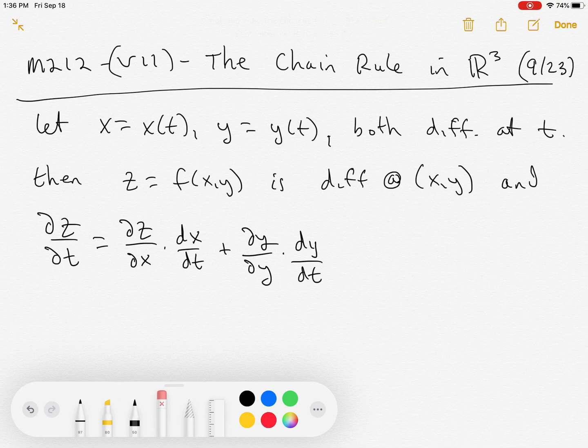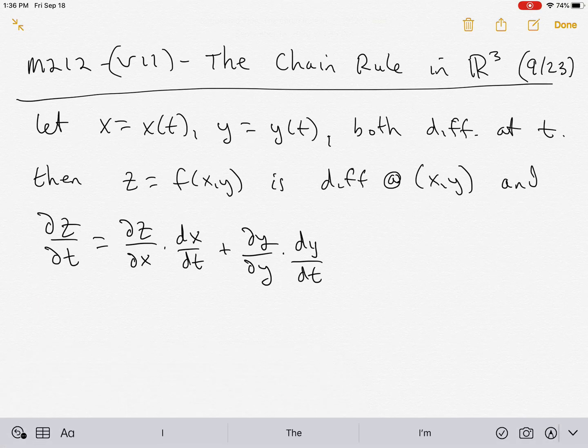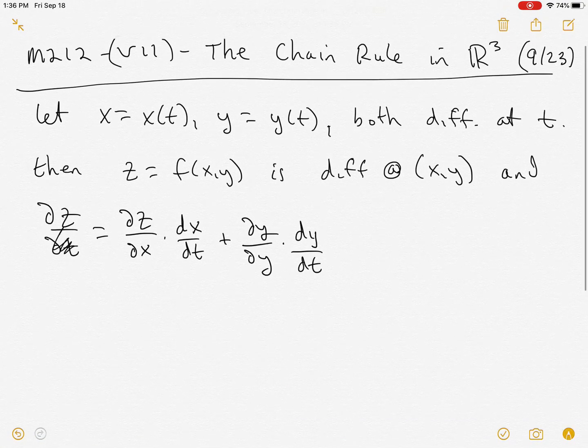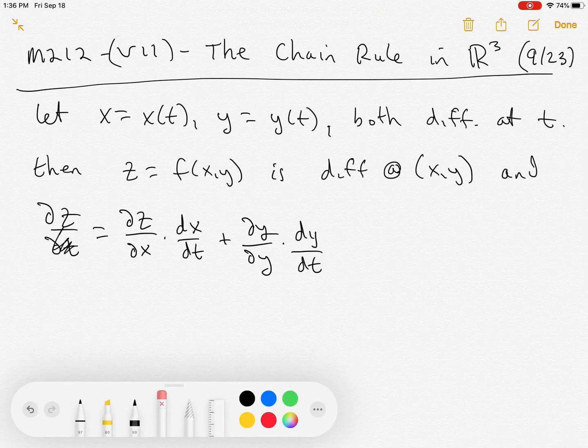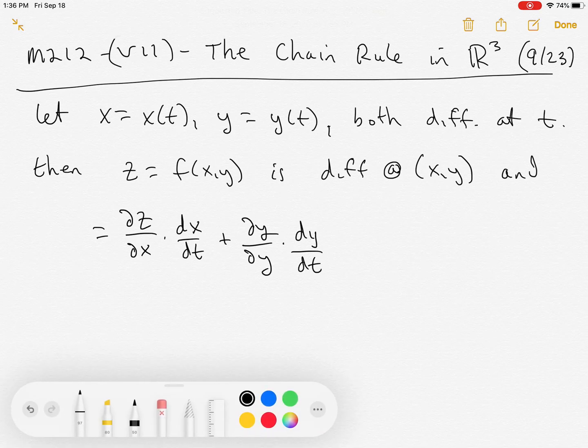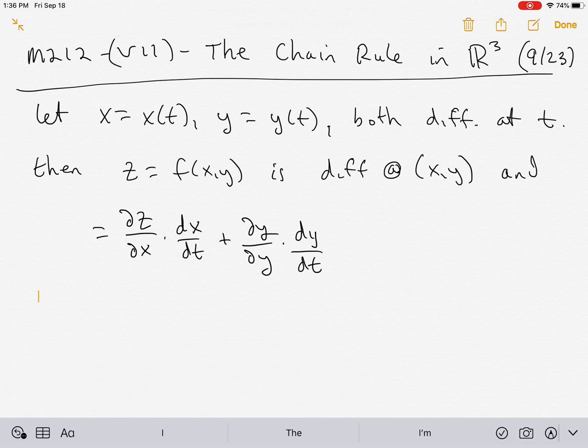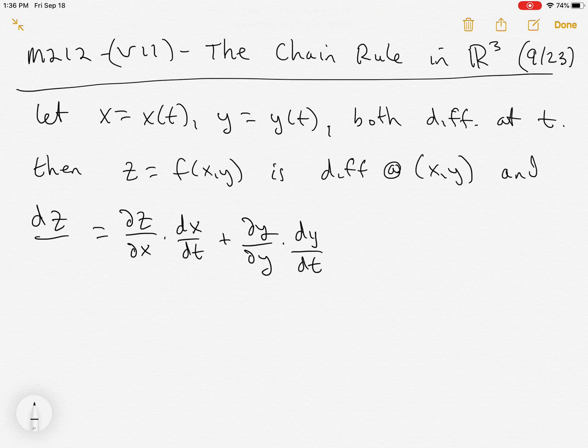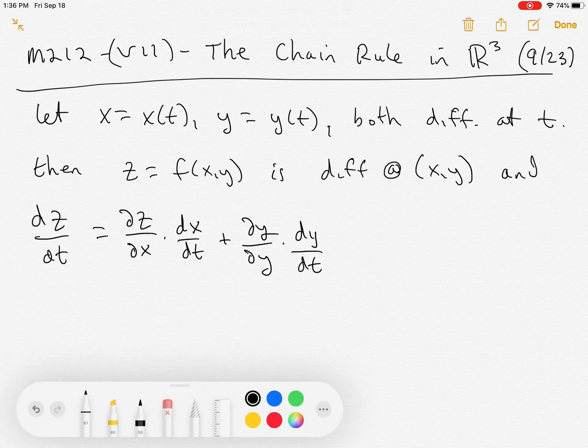Let me fix this. So what we're doing is taking an ordinary derivative with respect to t of z.